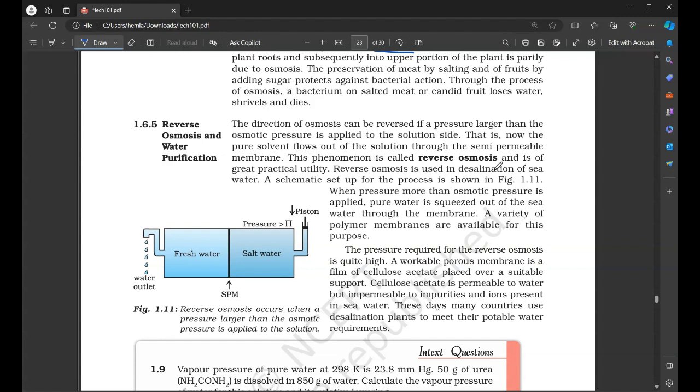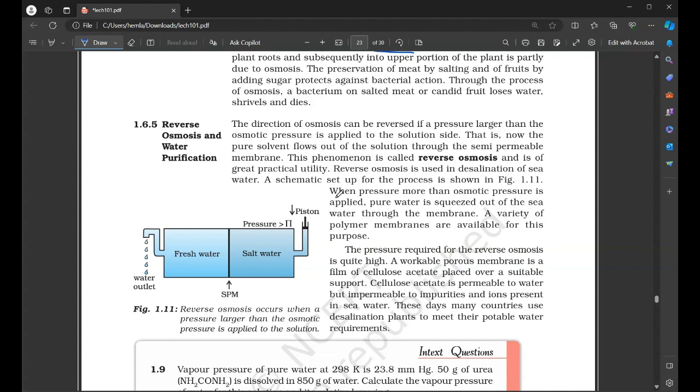So osmosis is reversed. This phenomenon is called reverse osmosis and it is of great practical utility. Of course, it is used in almost every home in every part of the world. Reverse osmosis is used in desalination of seawater.